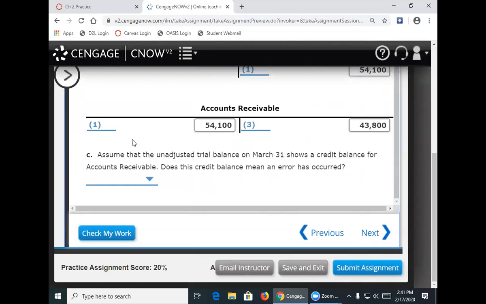Oh, darn it. You put it in the wrong spot, when you credit instead of debit. The wrong column. Well, that would have been an error, right? So how could I end up with a credit balance in accounts receivable and it not be an error on my part? This was in the questions on the other one. So if it's not on my part, who could have made an error? What is accounts receivable?